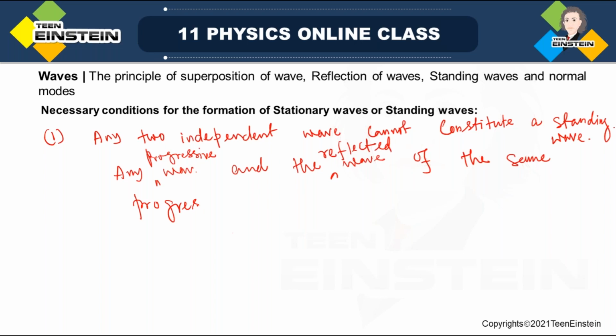I hope you have understood. From the string example itself, you can understand. Some wave is created and then that is reflected back. The same wave is reflecting back. That's why they create a standing wave. So you need the same wave and its reflected wave to get a standing wave. That is the first point, and obviously the main point.